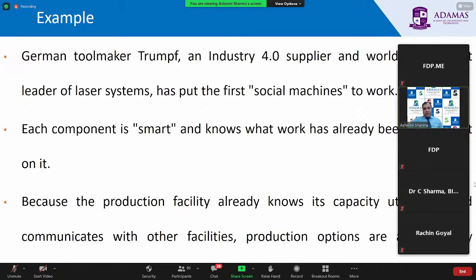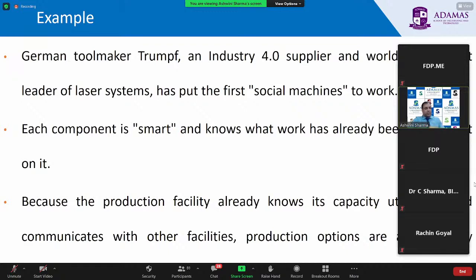A German tool maker came up with the concept of social machines, in which each component is smart. Smart means connected, and knows what work has already been carried out on it. So let's say your mobile is giving you an indication of how many battery cycles have gone, how many cycles it has completed.